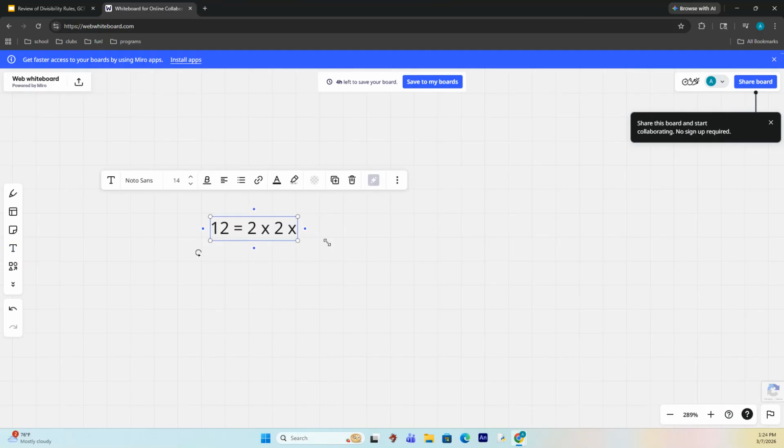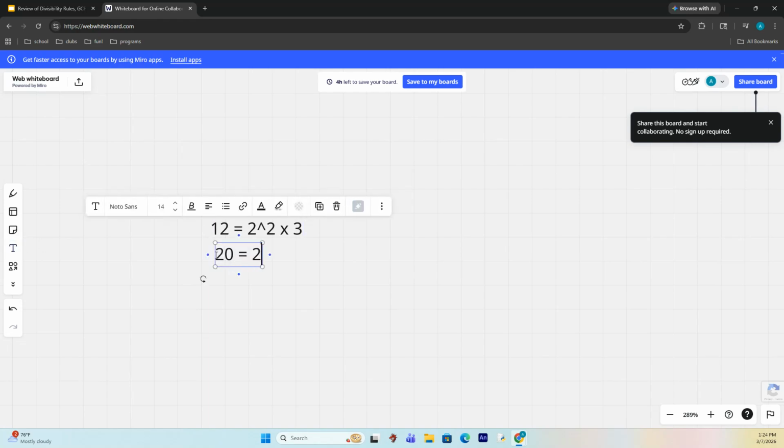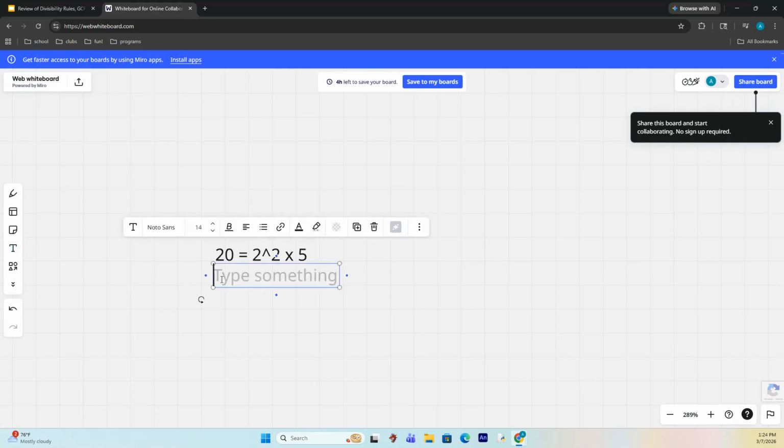So we're going to be writing this as 2 squared times 3. You'll see why in a minute. 20 would be 2 squared times 5. And the third number, 24, is 2 to the third times 3.